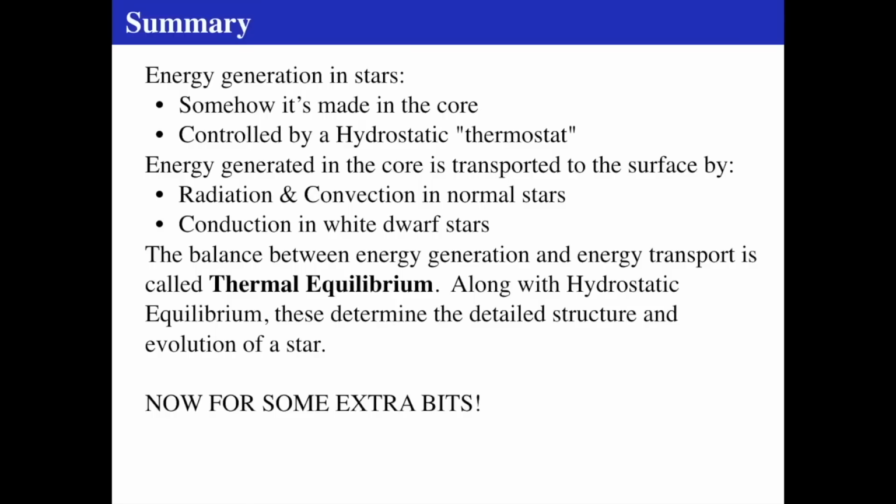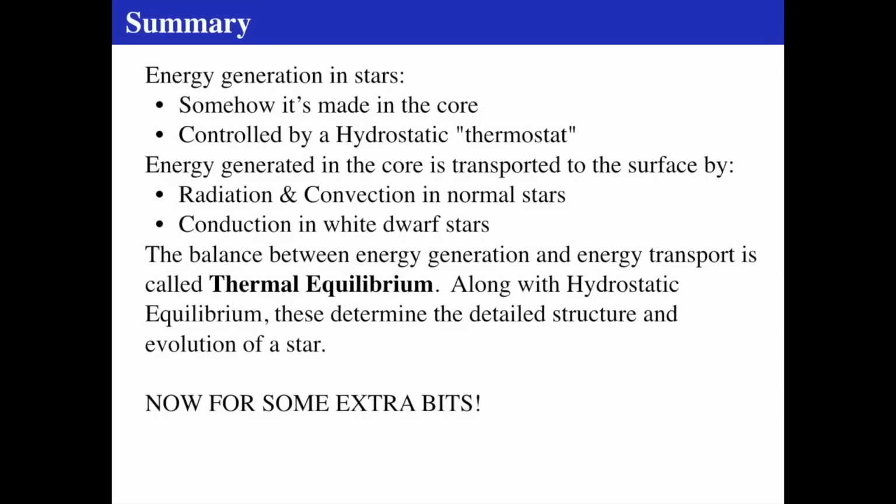Somehow energy is made in the core. There's a hydrostatic thermostat, meaning that as light and energy pass from the core to the surface, transported either by radiative or convective processes, you have this thermal equilibrium.